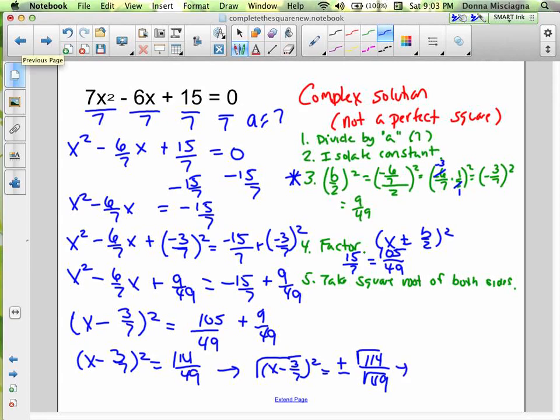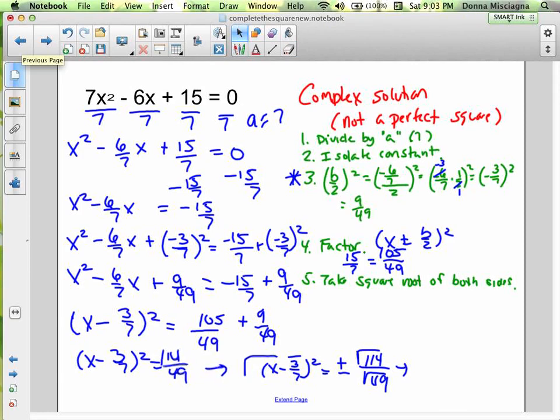I probably have to move up soon if I'm going to really run out of space. So we have x minus 3/7. Kind of cramming it here. Let's see if I can give myself just a little bit of space. They're all stuck together. I can move that over just a wee bit.